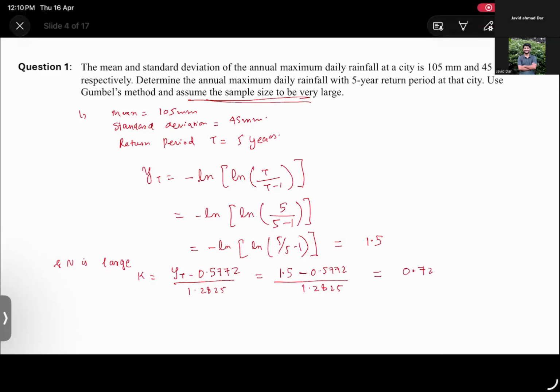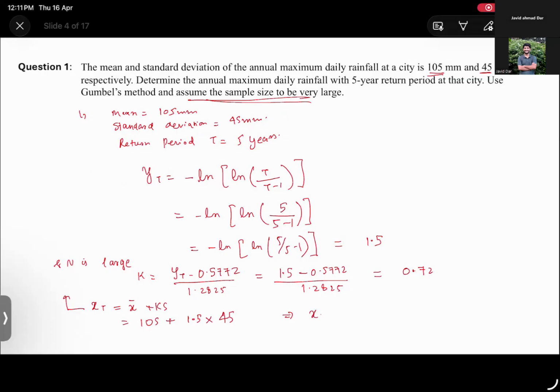But we know xt is given as x bar plus K sx. This is a standard equation that we use in the case of the parametric method in frequency analysis. Now your x bar, which is also given in the problem, is 105, plus your frequency factor, which is 0.72, times the standard deviation, which is given as 40.